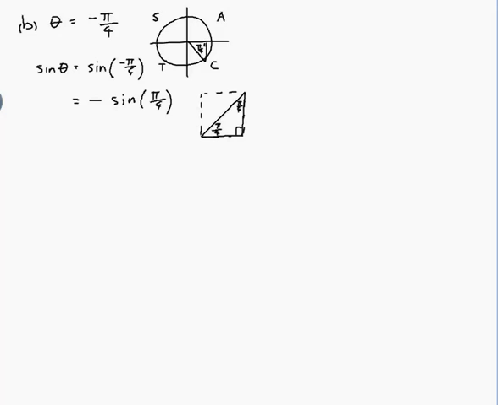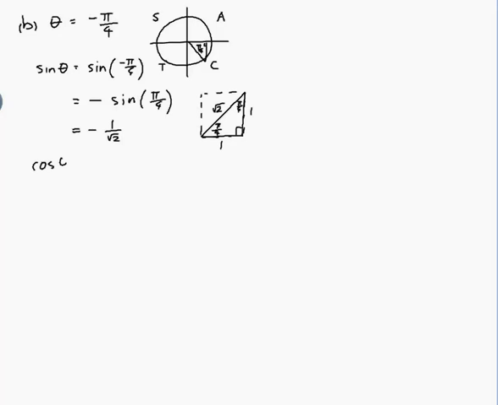My square has side length 1, so there's 1 here and 1 here. And by Pythagoras' theorem, we get the square root of 1 squared plus 1 squared, which is the square root of 2. So that's how I figure out what sine and cos of pi on 4 are. So sine of pi on 4 would be opposite over hypotenuse, which would be 1 over root 2. So we get minus 1 over root 2.